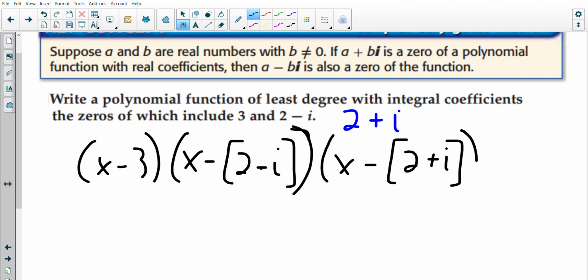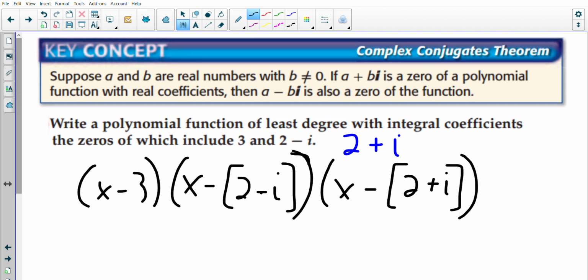Okay, and then what's nice is we can rearrange this a little bit inside the parentheses. So if I actually change my parentheses to x minus 2, it would become plus I here.